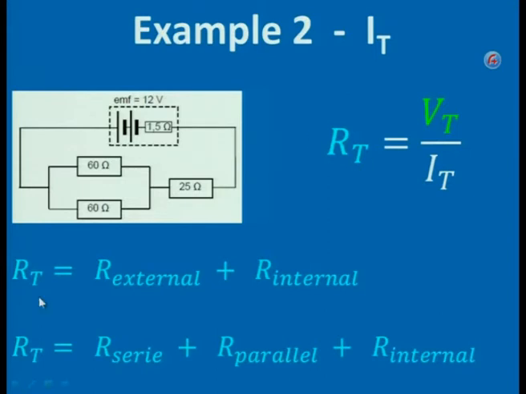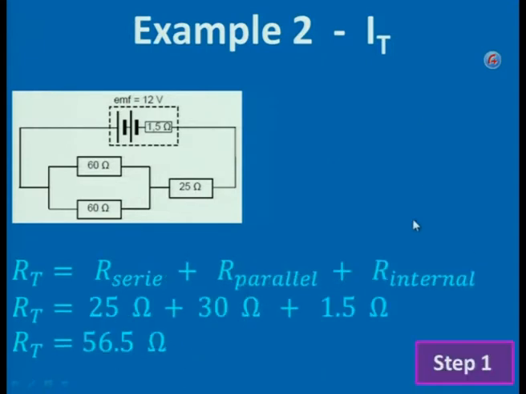So, the total resistance is then the external resistance, which is these, plus the internal resistance, that little one of the battery. And the external resistance would then be the resistance in series plus the resistance in parallel.